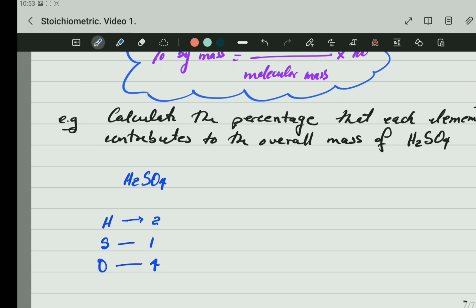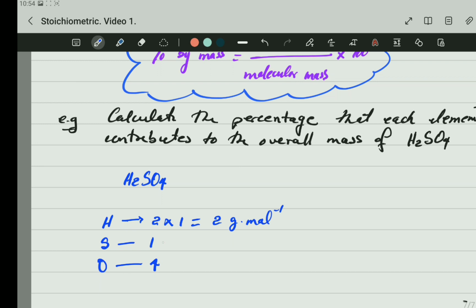Okay, so now we are going to the periodic table. I showed you already how to do it. I won't go there right now, but you can go to the periodic table and look for the atomic mass of each atom there. Hydrogen in this case will be 1, so it's 2 times 1, which is equal to 2 grams per mole. Okay, now the second one is sulfur.